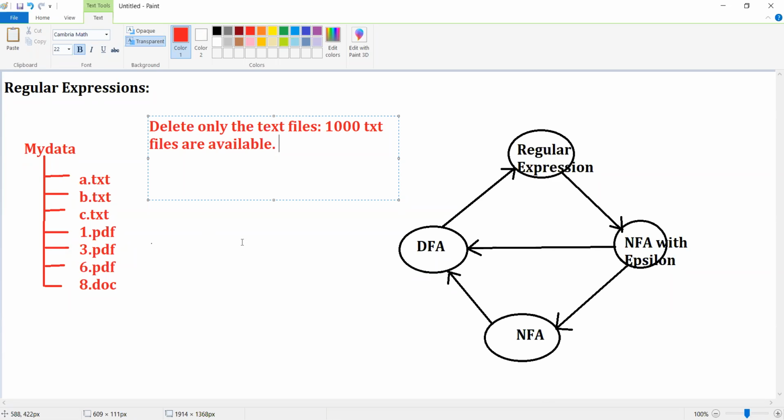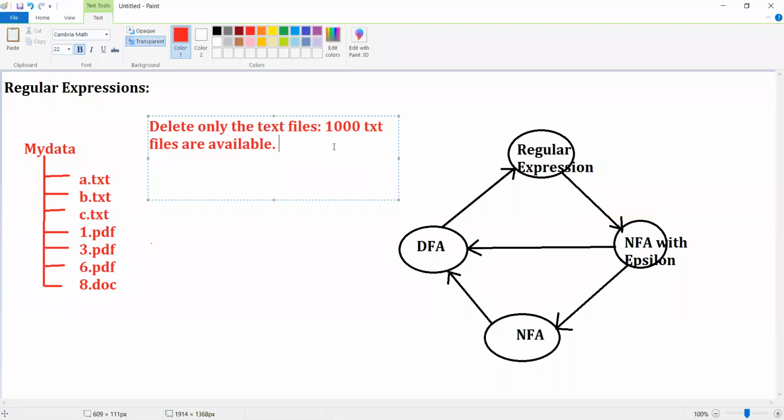If you go for selecting the files and removing them, what is going to happen? Just selecting the 1000 txt files itself is going to take a lot of time. Yes or no? Please try to understand the scenario.